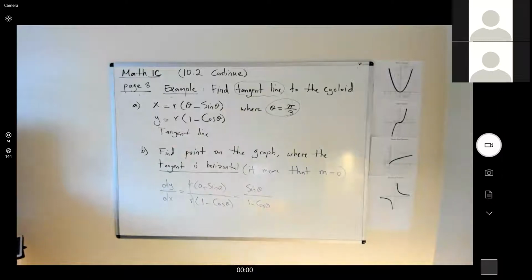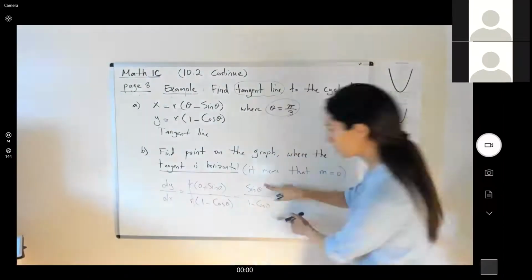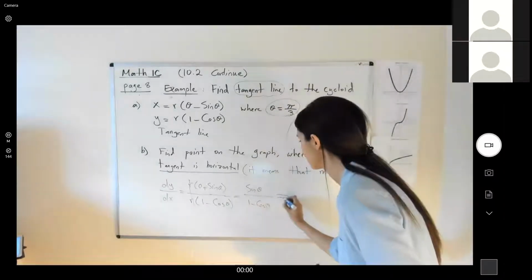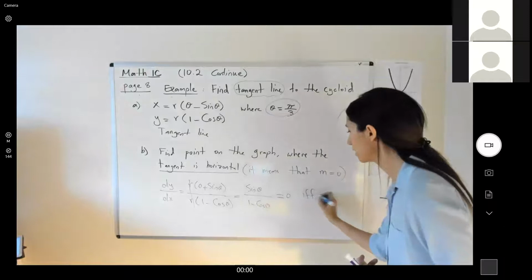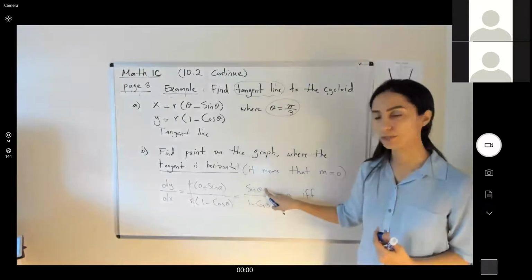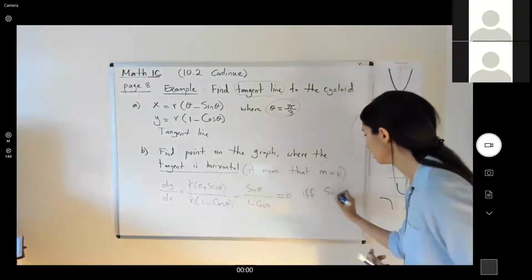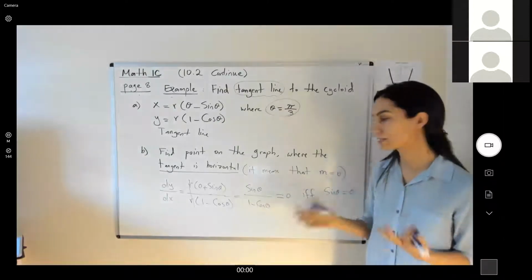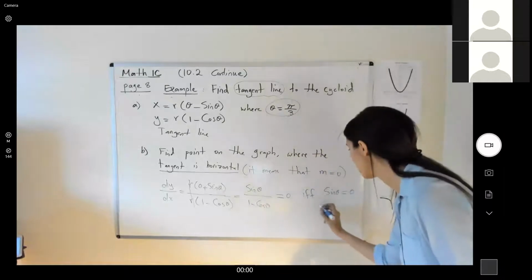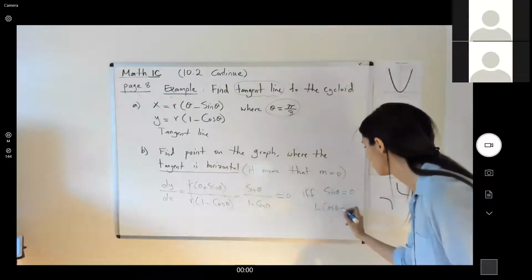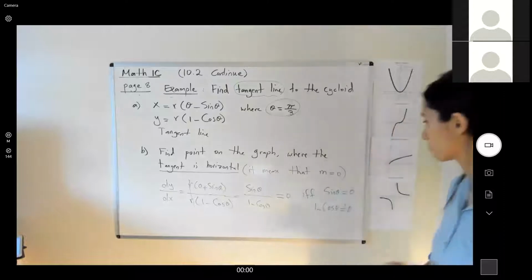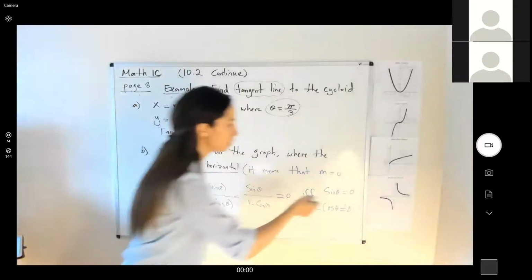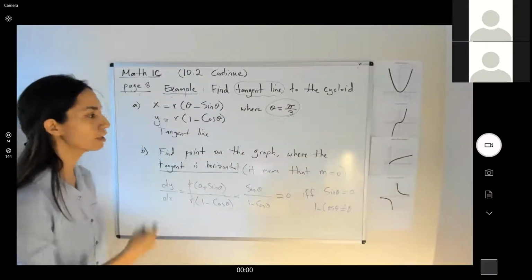So when it comes to a quotient expression, this is 0 if and only if your numerator is equal to 0. Sine theta is equal to 0. And note that the denominator cannot be 0. So 1 minus cosine theta cannot be 0. So if you solve this, you get 0, you get pi, you get 2 pi, and so on.